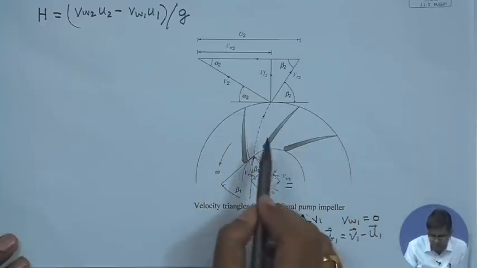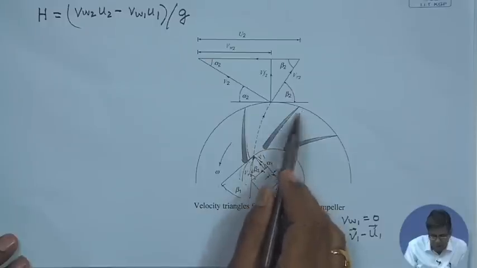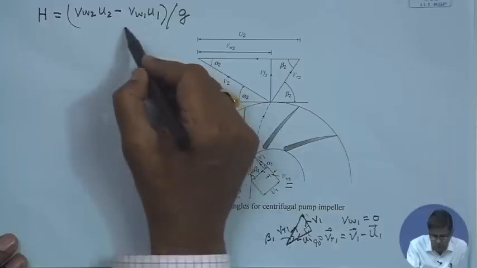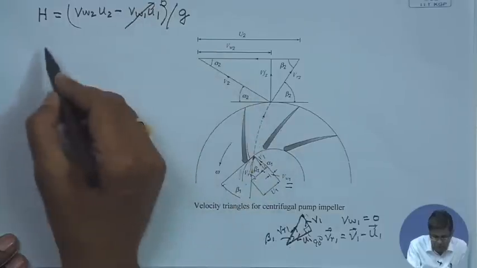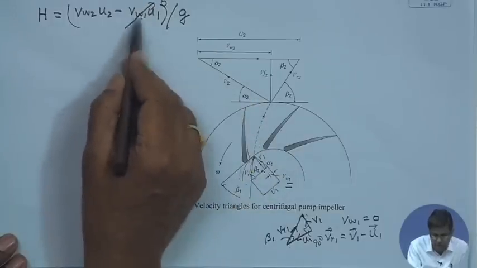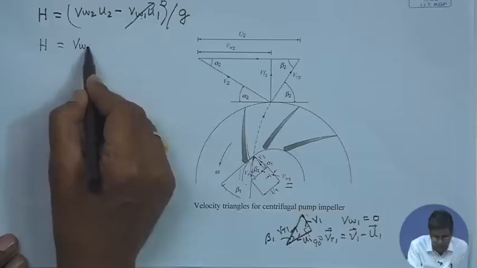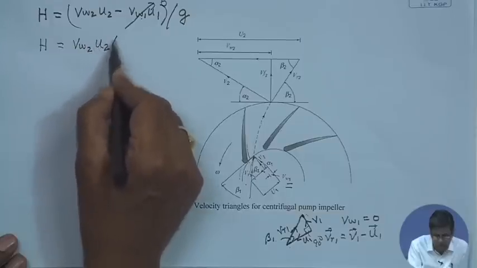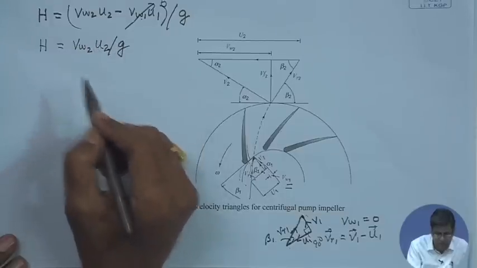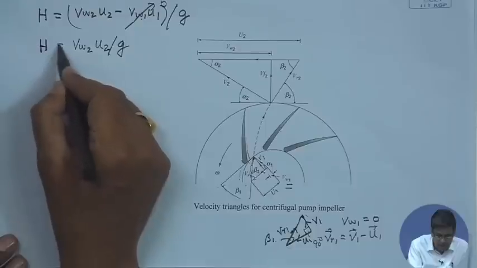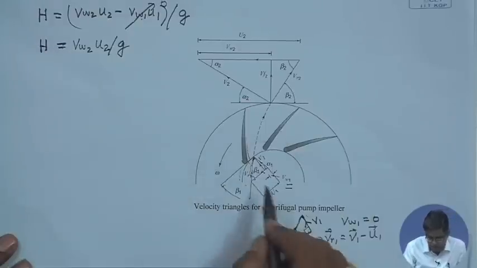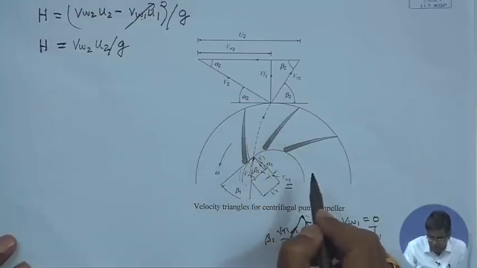But in the case of pumps and compressors, it is like this. So, if Vw1 is 0, then this is the maximum. So, we want to keep it 0 to get the maximum head imparted to the fluid by the impeller blade.